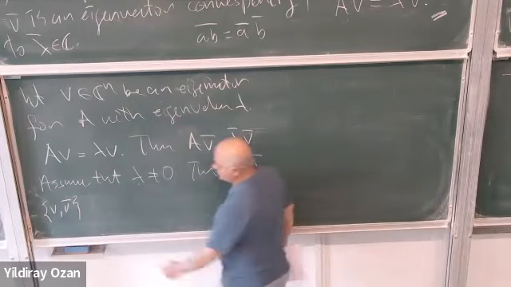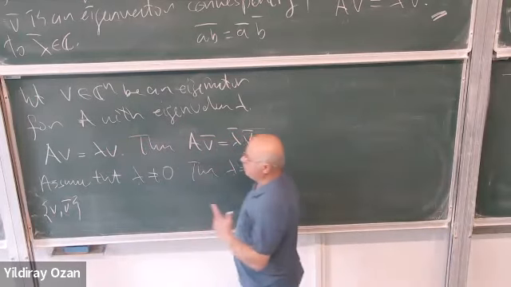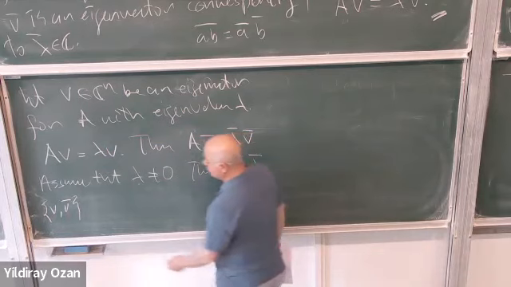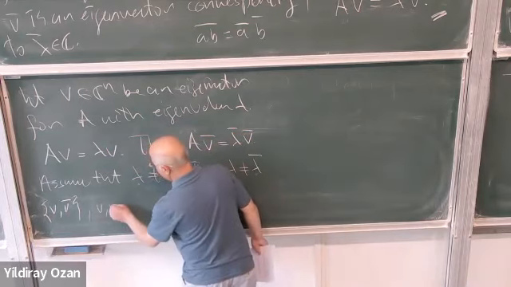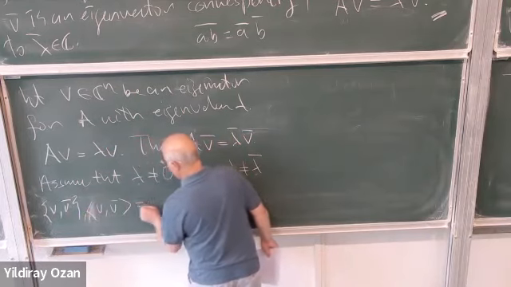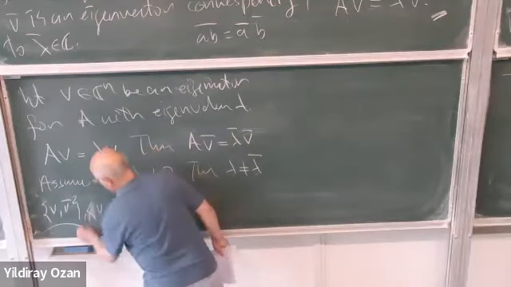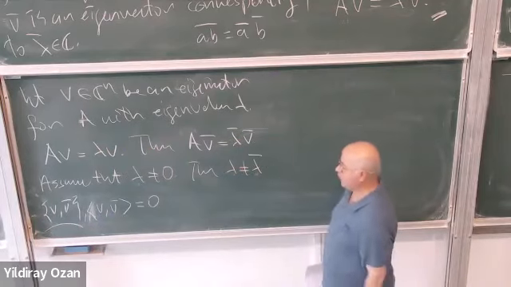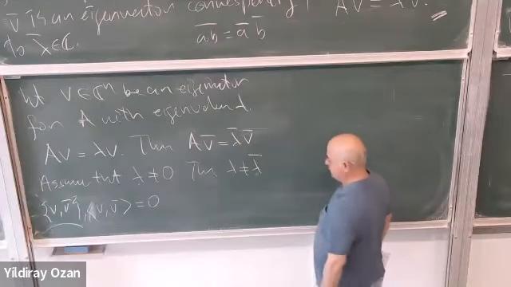And I know that these two vectors are orthogonal to each other. The inner product with B bar is 0. This means that these two vectors are linearly independent.